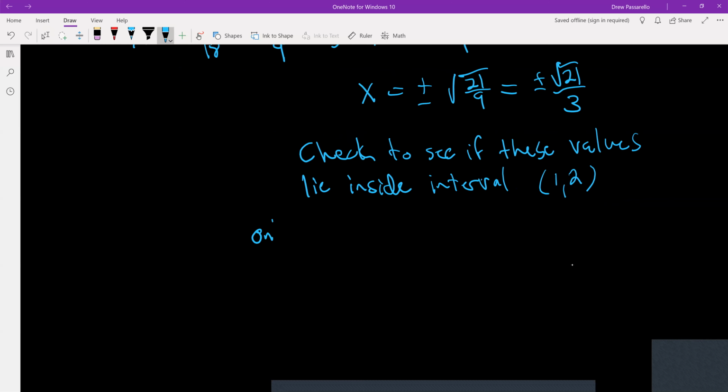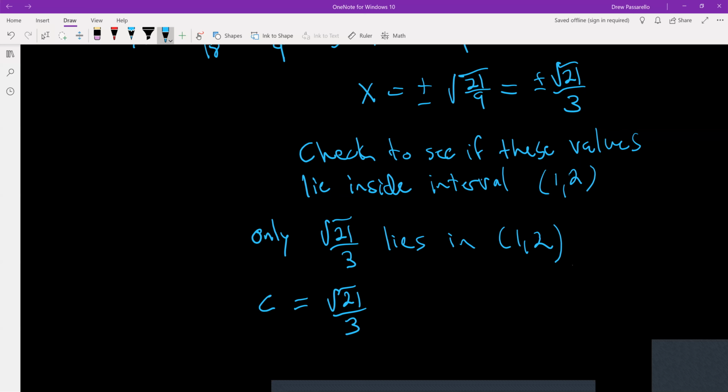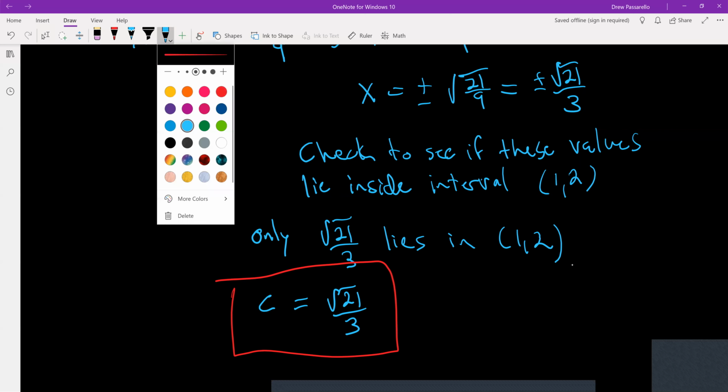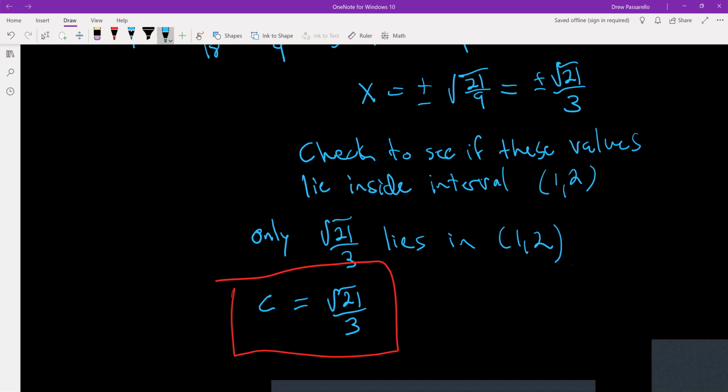So only the positive one, only square root of 21 over 3 lies in that interval. All right, so c is equal to square root of 21 over 3. All right, and that's how we apply the mean value theorem. All right, so the next example, number 41.